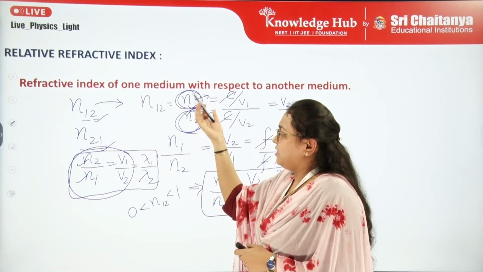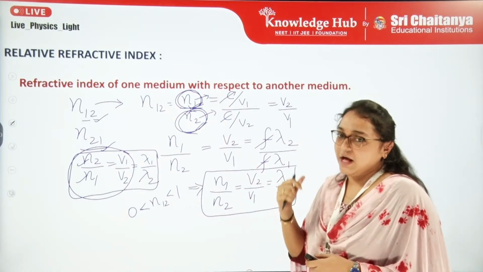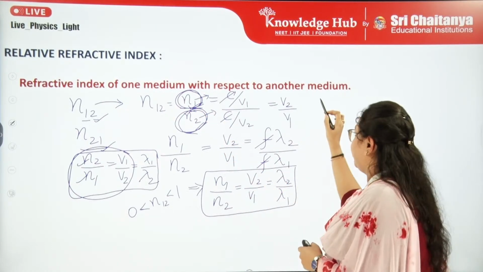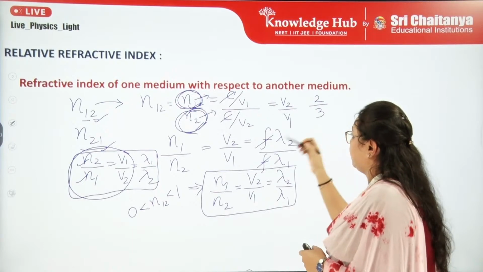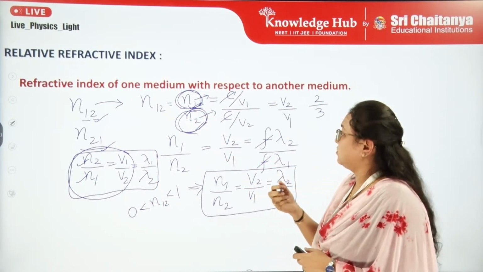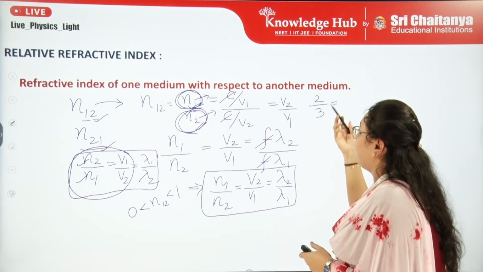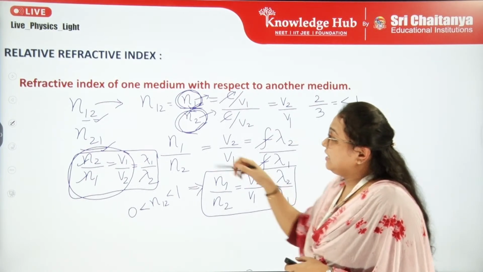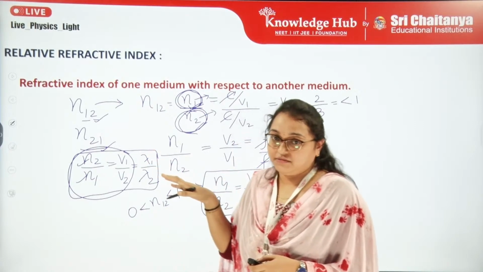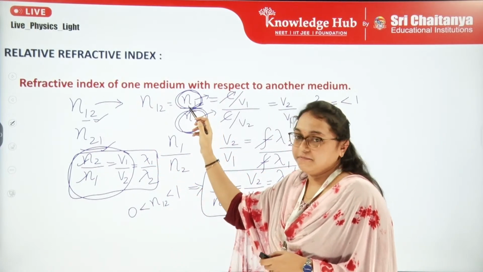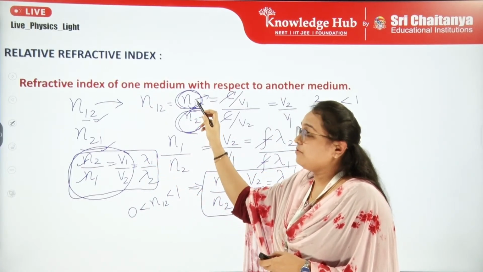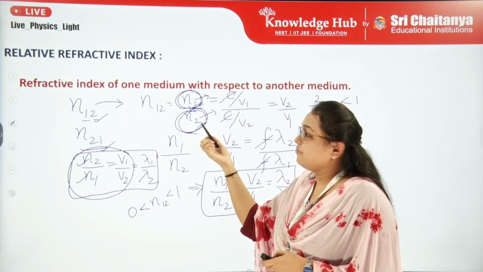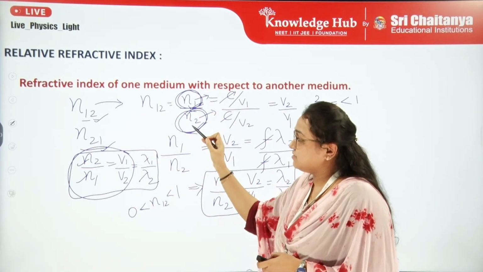So a small value by a big value becomes a small value, isn't it? So if I take 2 by say 3, this is less than this. So in general, 2 by 3 if I take, it will be definitely less than 1. So that means relative refractive index can be less than 1. If the first medium is rarer and the second medium is denser, this value will be less than this.